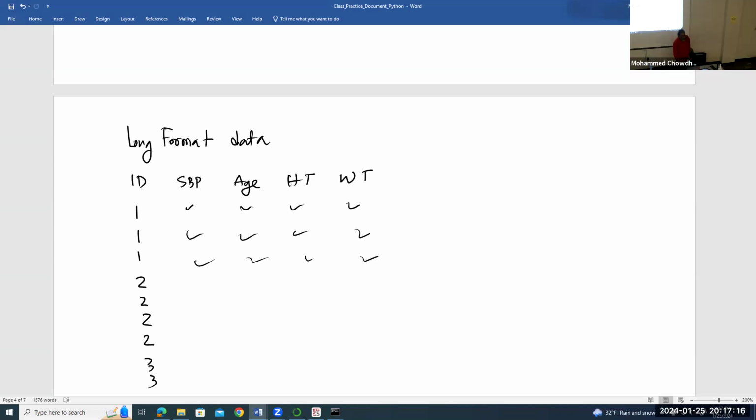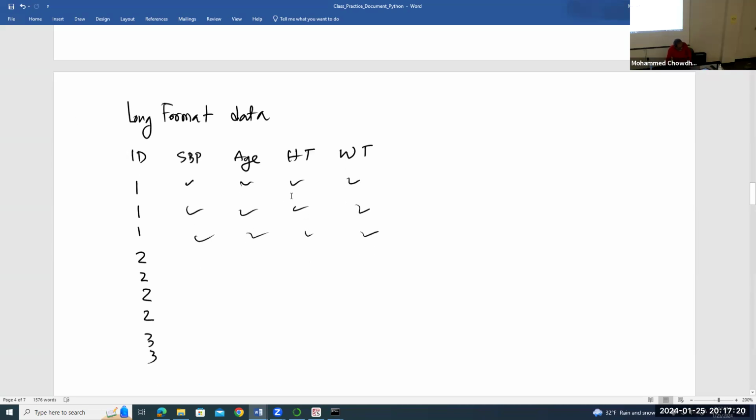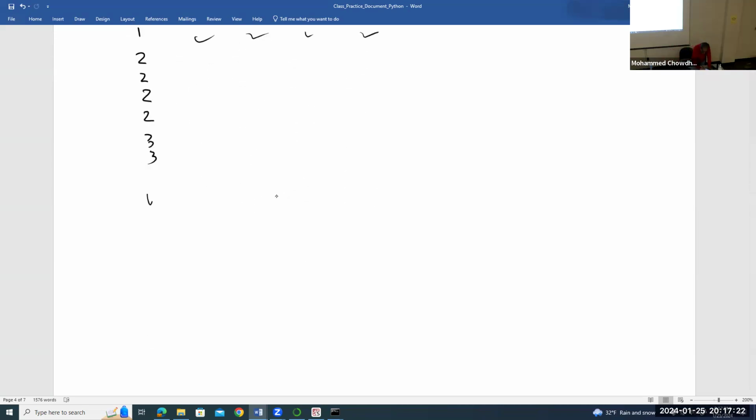So what I want to do is make this long format data into wide format data. Wide format. So person one: the first variable is ID, and his ID is unique, suppose I1.